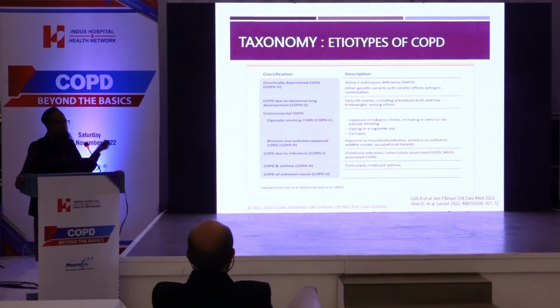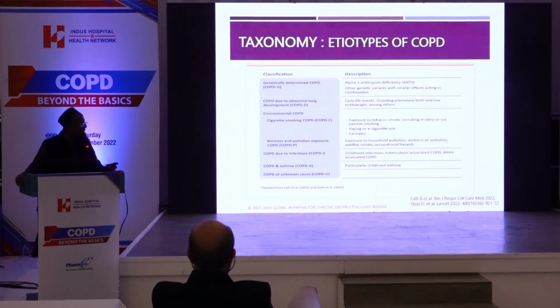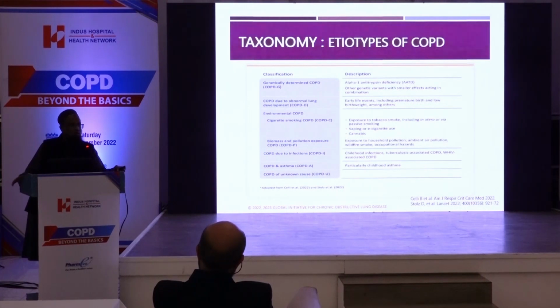If secondary to cigarette smoking, COPD-C. If secondary to biomass fuel exposure, COPD-P. Due to infection, COPD-I. COPD and asthma overlap, COPD-A, and if there is no known cause, COPD-U. But the question is, is there any clinical impact of these things or not?